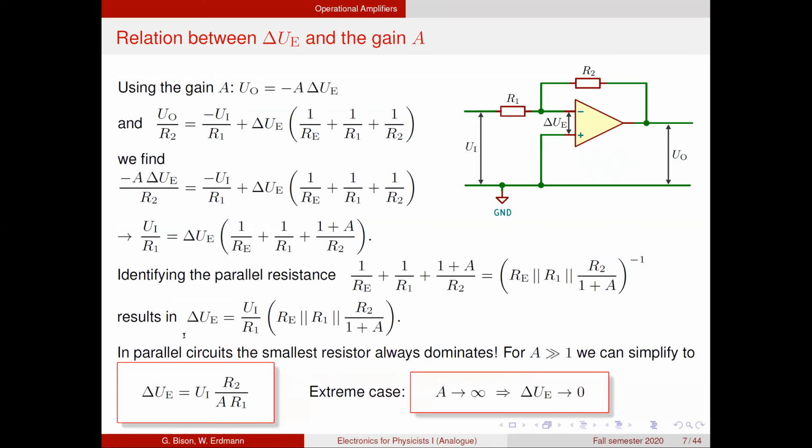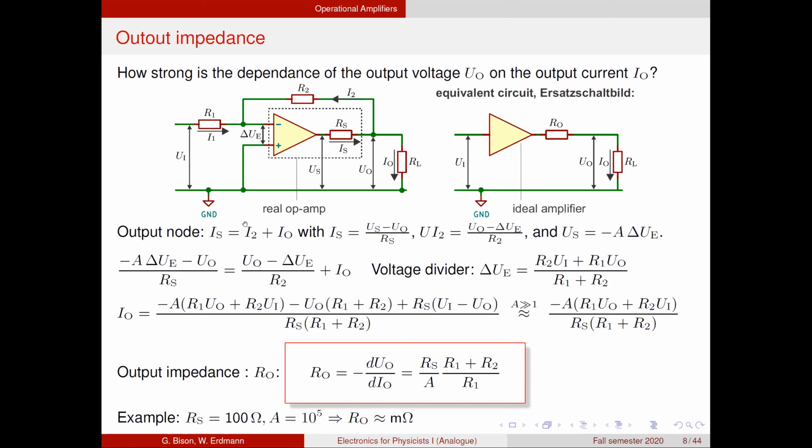We have a look at the output node where we know that the current that actually comes out of the source from the amplifier has to be either the current that goes through the load or the current that goes back into the feedback. So this is what this equation says. Then we replace the currents as we always do with a voltage difference divided by the resistance for the internal resistance here, for the feedback. And then we find this expression.